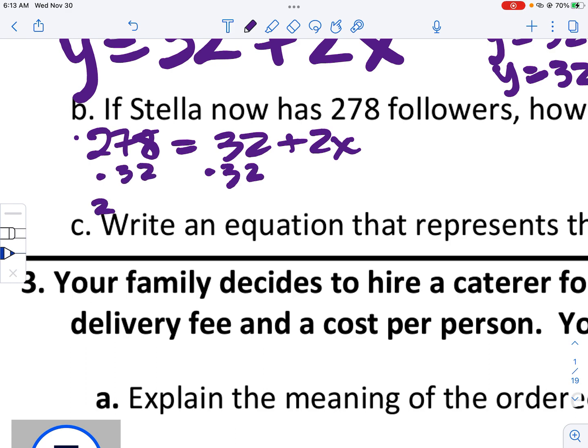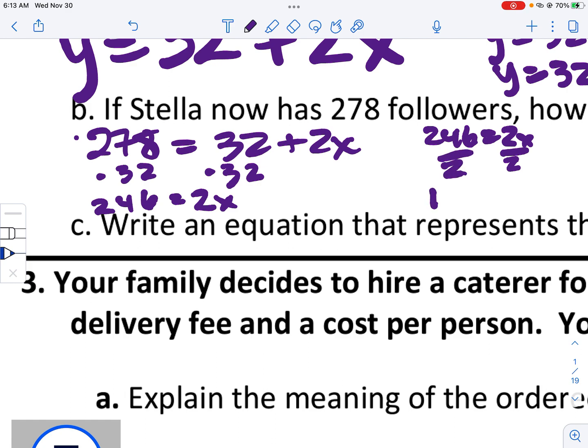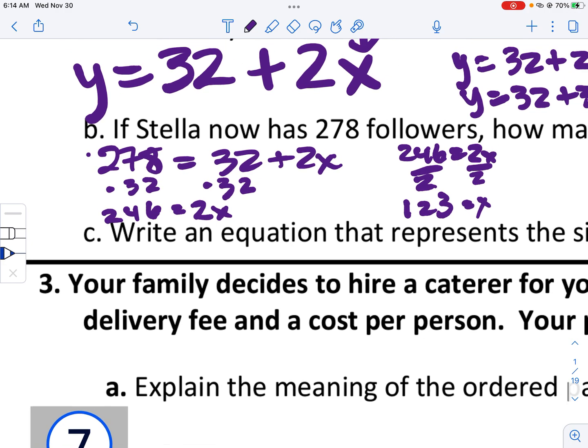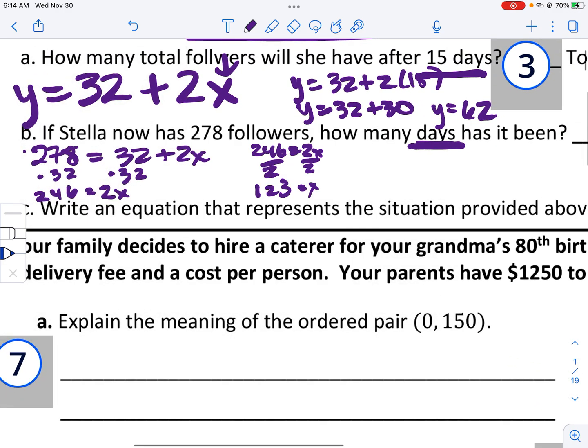I get 246 is equal to 2x. I'm going to write it over here just because there's more room. I divide by 2 on both sides, 123. So 123 days. So in 123 days, you will have 278 followers.